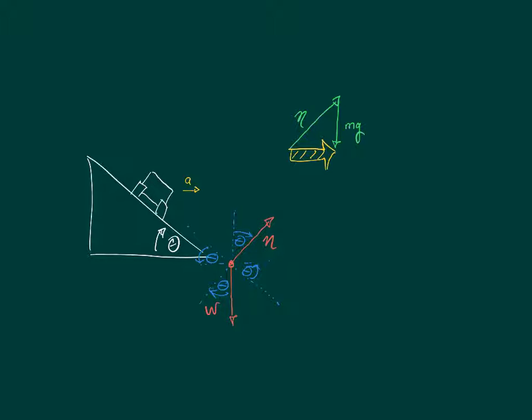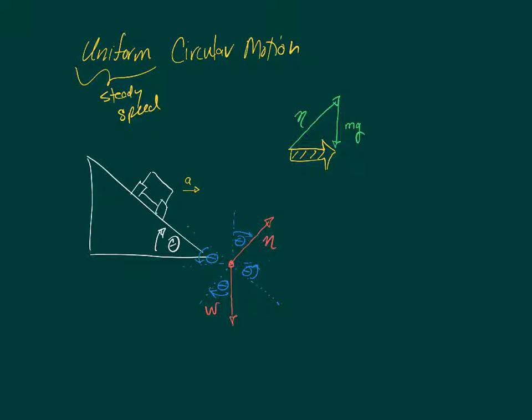Well, think of the path that the car is traveling in. We're assuming, again, that the car is traveling in uniform circular motion. So the car is moving in a circle, and this is a horizontal circle. Uniform means steady speed. Circle refers to the path of the object.